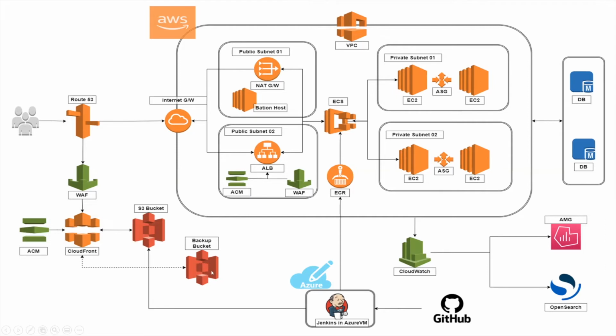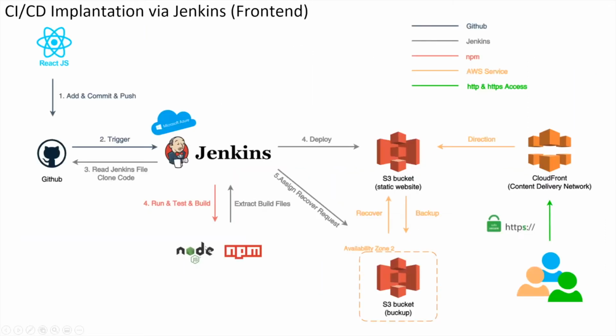Next slide, please. I'm David, and I would like to explain how we implement continuous integration and continuous deployment via Jenkins. The process starts from an commit happening in the main branch on GitHub. Then the front-end pipeline is triggered automatically to download the latest code, install associated packages, and build artifacts that will be further pushed to our S3 bucket connected to CloudFront.